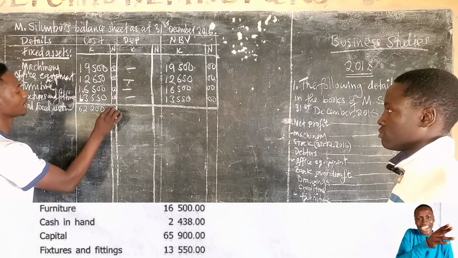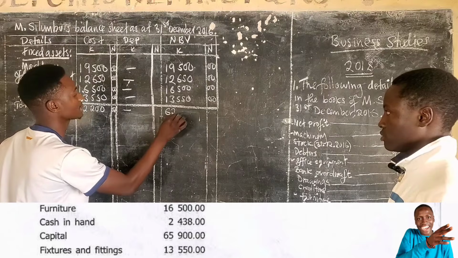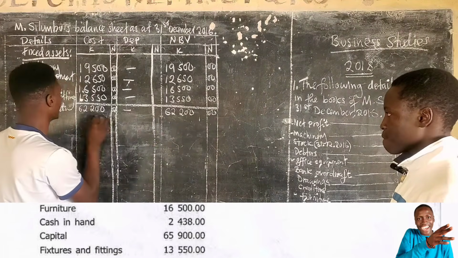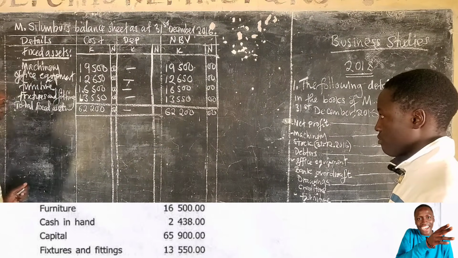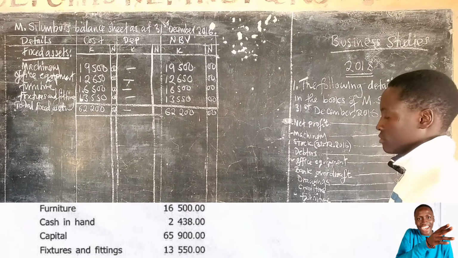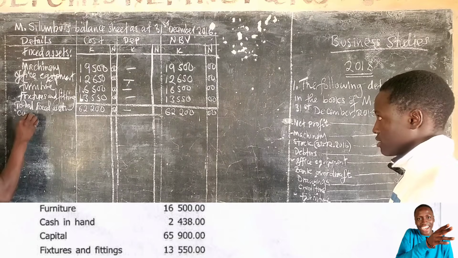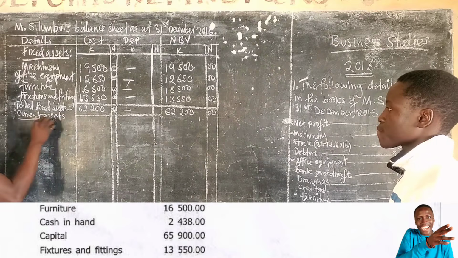Same amount, right? 62,200. So you close here and just remain with that figure. All right. Now, having calculated the fixed assets, we can go to the current assets.